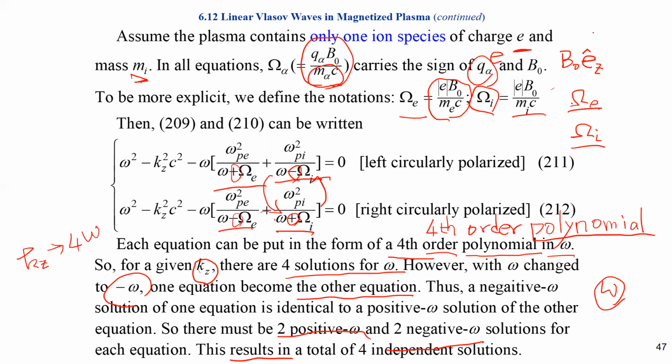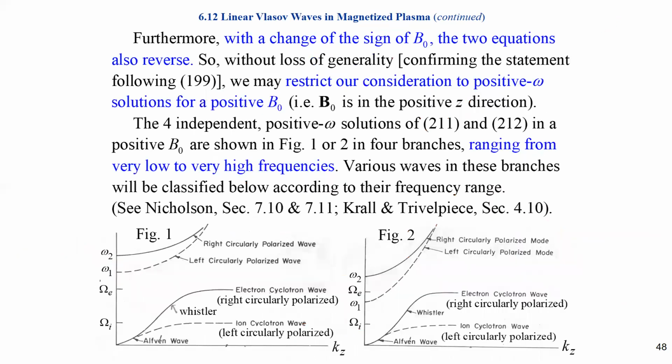So when we change the sign of B0, that's the magnetic field, the 2 equations are also reversed. So without loss of generality, we may restrict our discussion to a positive omega solution for a positive B0, because positive and negative B0 have something in common.